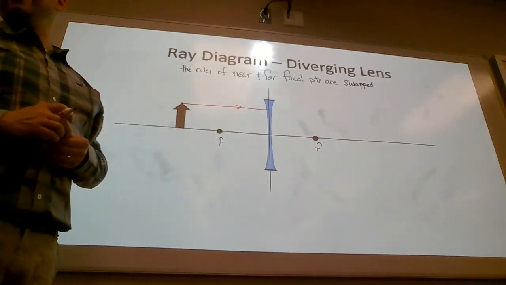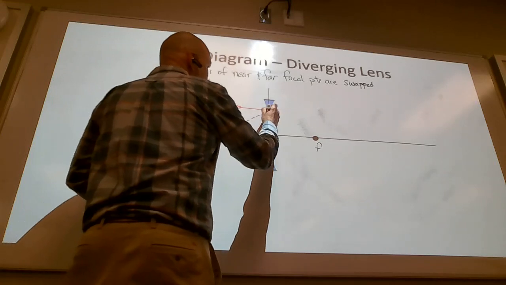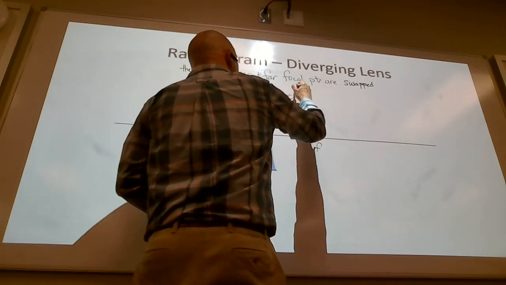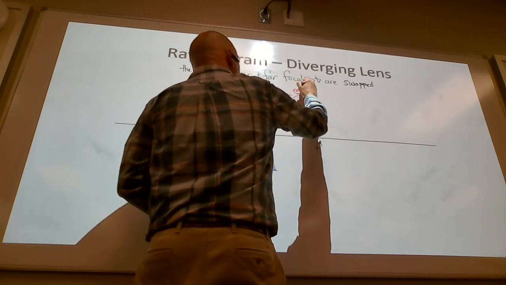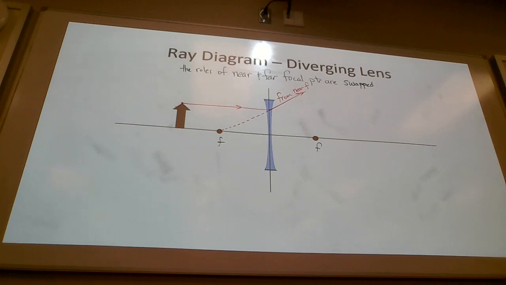But because it's a diverging lens, it's going to refract as if it was coming from the near focal point. Okay.